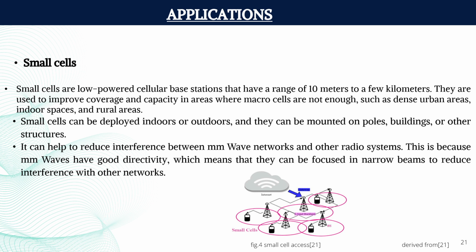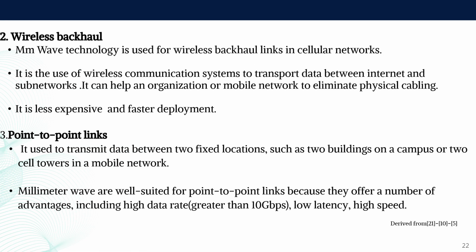Small cells also help reduce the interference between millimeter wave networks and other radio systems. Millimeter wave also has good directivity because it mainly focuses on a small portion of the electromagnetic spectrum, so it can reduce the interference with other networks.